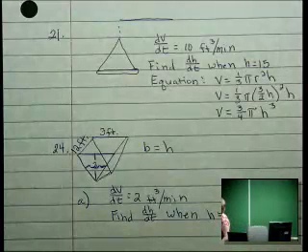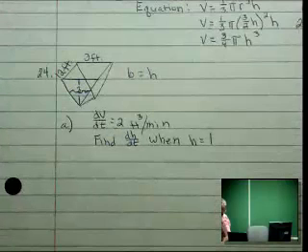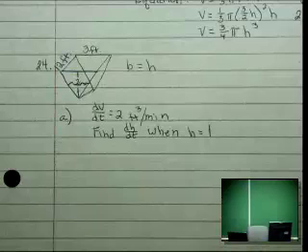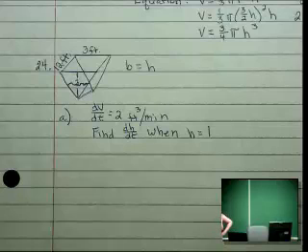What formula should I even try to find in the back of the book? Is there a volume of a trough formula in the back of your book? Triangular prism. That is a triangular prism. Does the back of the book have a formula for volume of a triangular prism? Maybe.